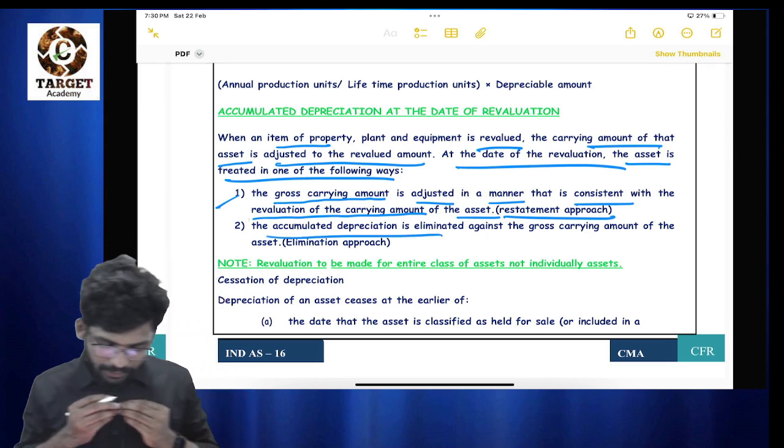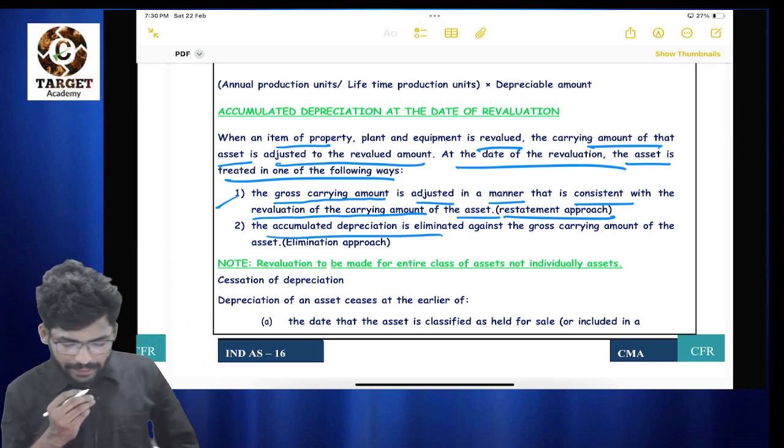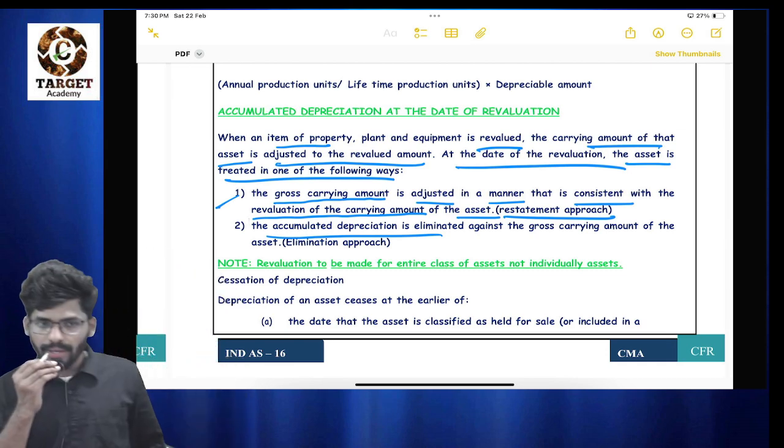What is the second method? Accumulated depreciation is eliminated against the gross carrying amount of the asset.